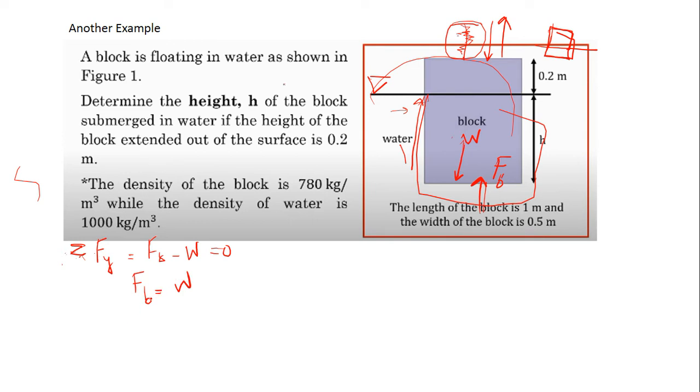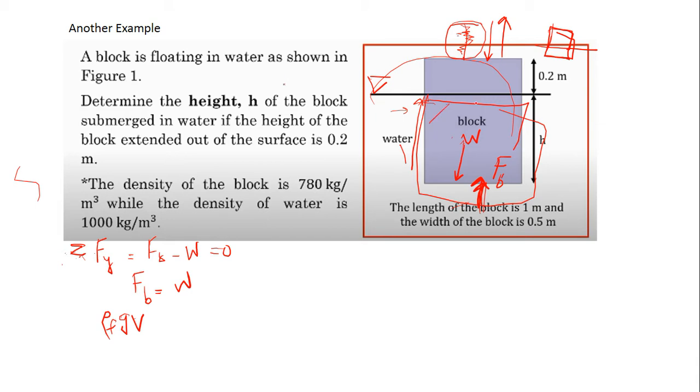When you solve this question, for the buoyant force you have rho of the fluid, because this is the force acting below, times g times V, the V of the submerged body.